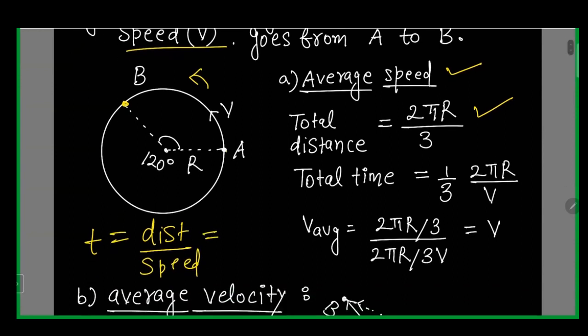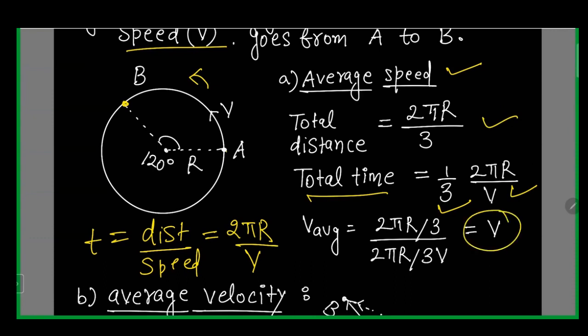So if I complete an entire circle, the distance which I will be covering is 2 pi r, and the speed given to me is v. But since I have covered 1/3, I will take 1/3 of the time. So my time will be 1/3 of 2 pi r by v. So if you divide both of these, the answer you will get is v. So the average speed of this motion is v only.